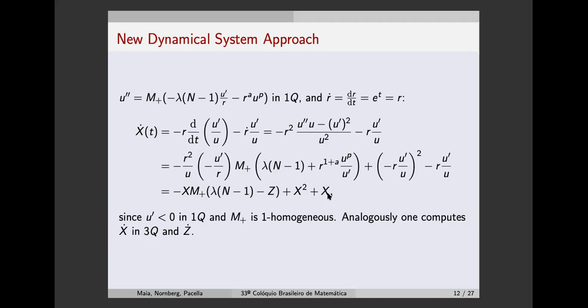And this is the first equation in the dynamical system. If u prime is negative in the first quadrant and M plus is 1-homogeneous, all this was used to deduce this first equation in the system of ODEs for x and z. We can do the same for x in the other quadrants and z in the first and third quadrants.